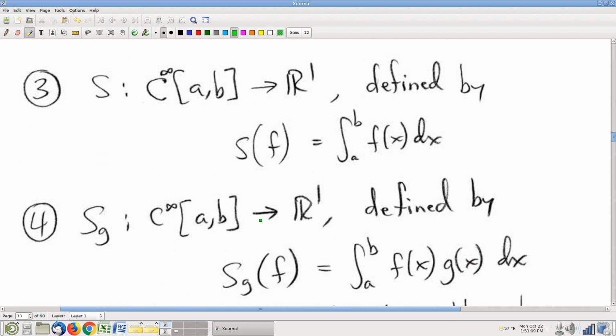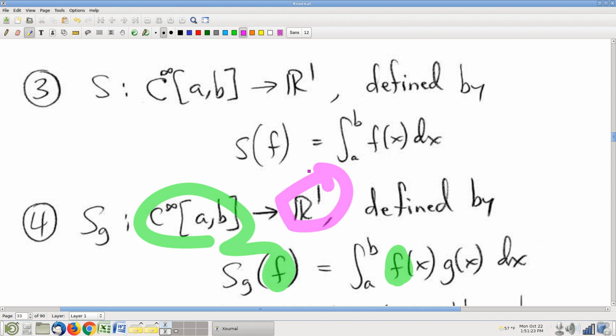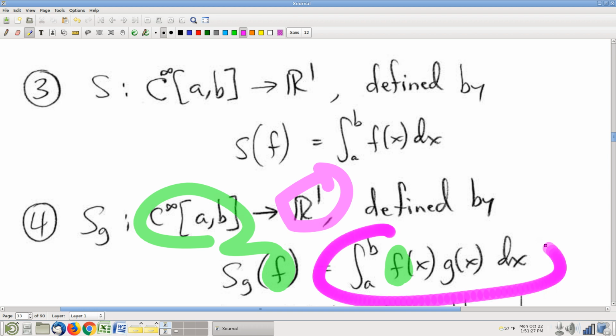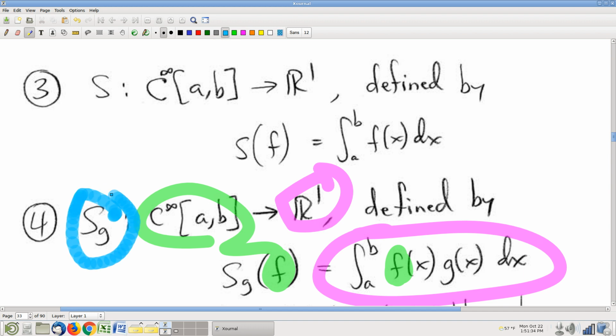Okay. All right, so here's the one I'm going to do for you. Looks similar. This one's weirder, though. Given a C infinity input function f, here's how you determine the output value. The output value given that f is you do all of this business. There is a fixed function here called g that's part of the definition of this linear transformation. g doesn't change.